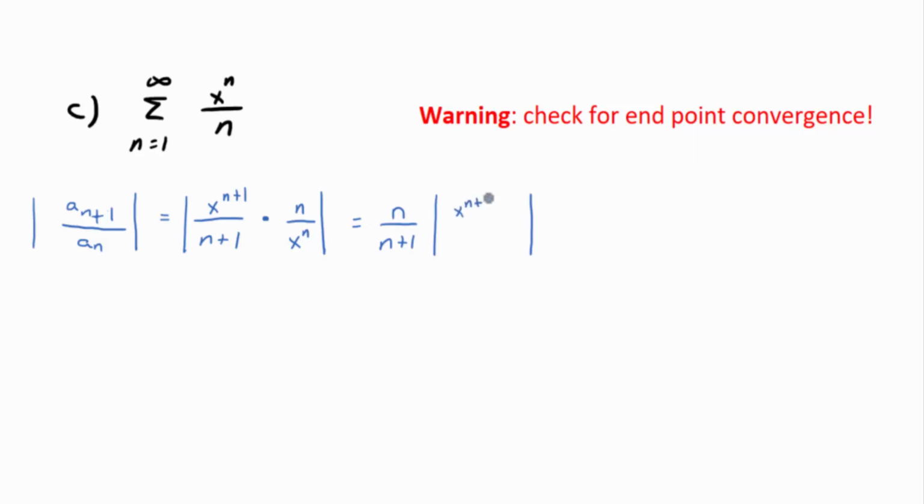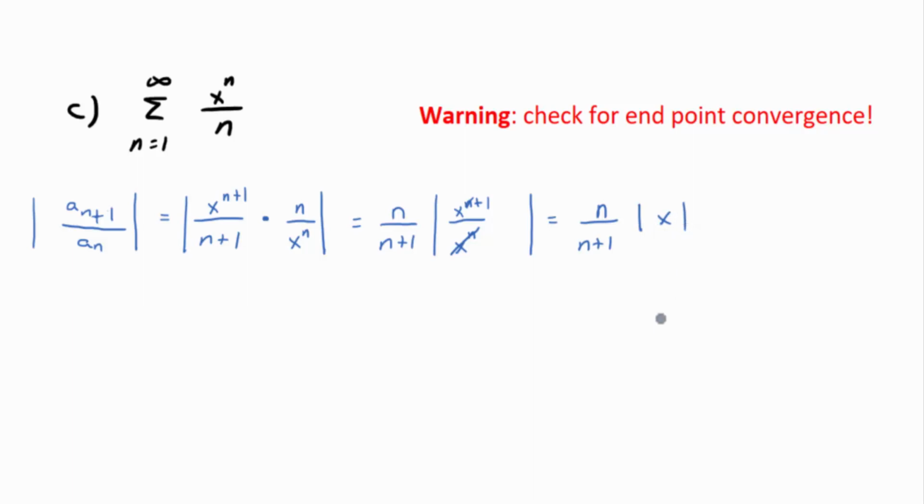x to the n plus 1 over x to the n, but you can simplify that. What does that equal? The absolute value of x to the first power. Do you buy that? Okay.